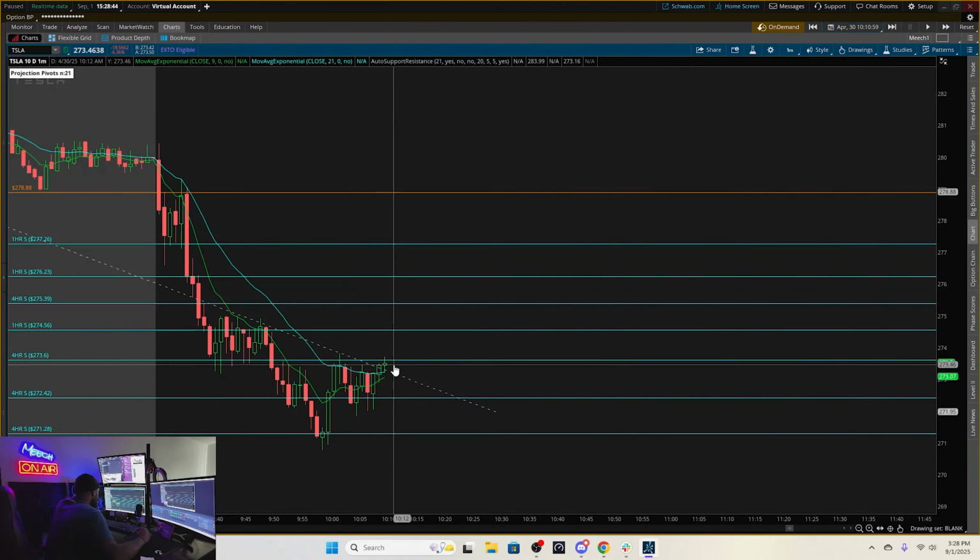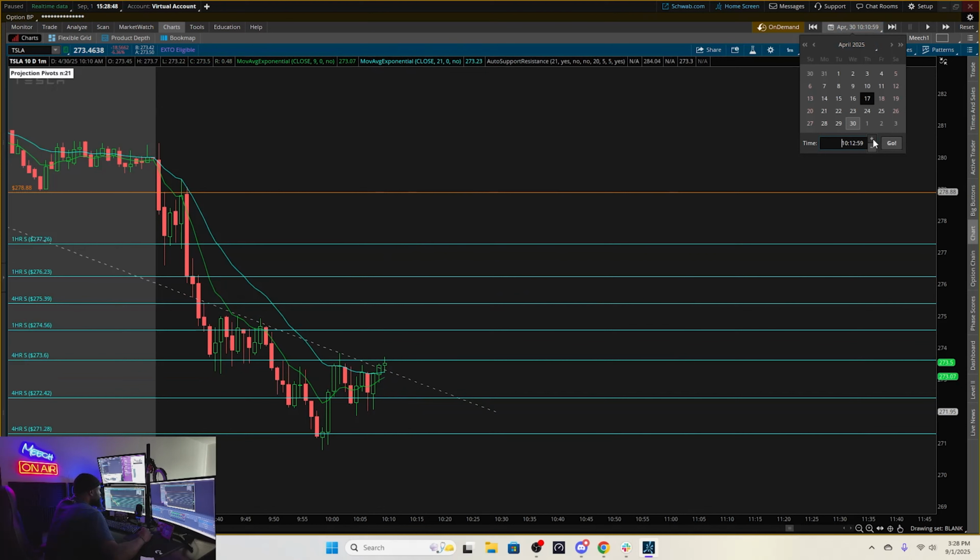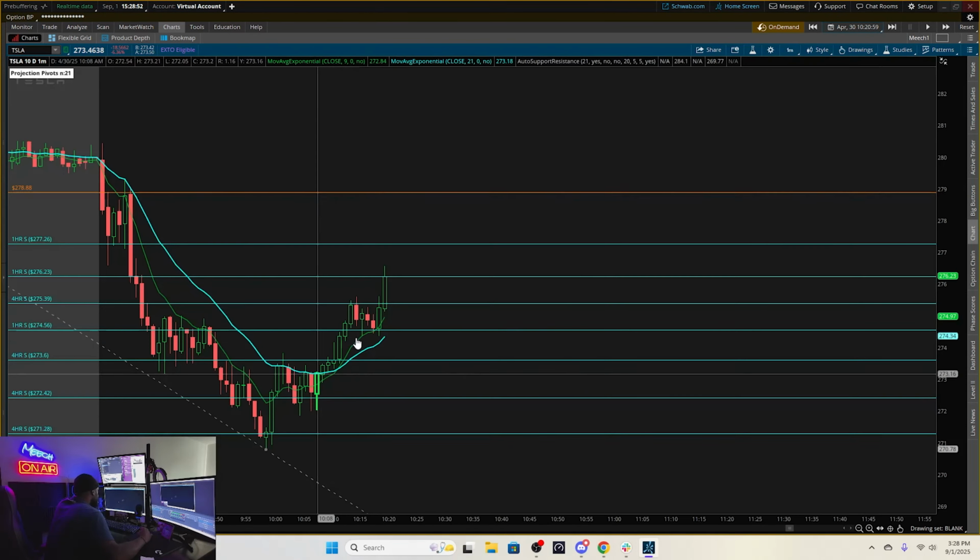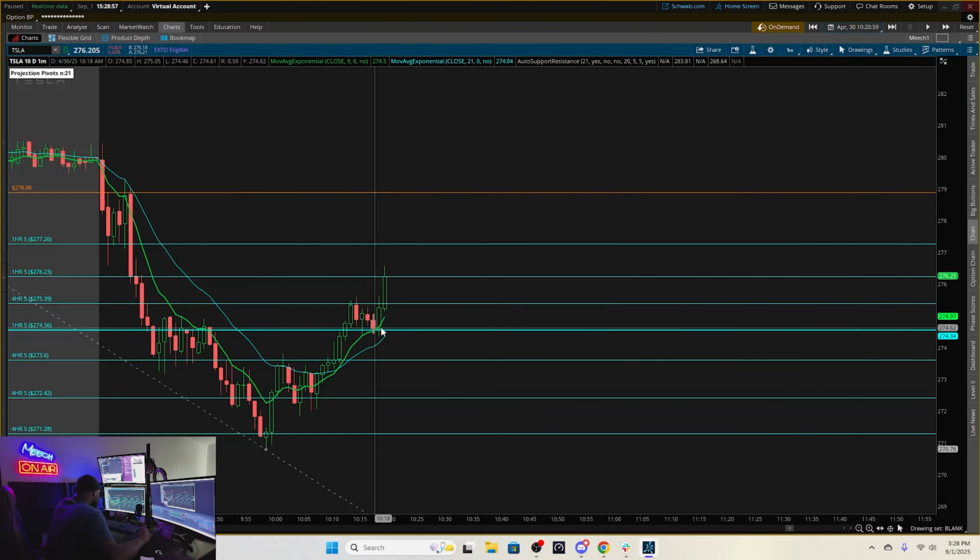Bounce at this level and probably fully recovered since the EMAs look like this now. Yeah, fully recovered, and look how we're still respecting each of these levels that I had set out. It's crazy.